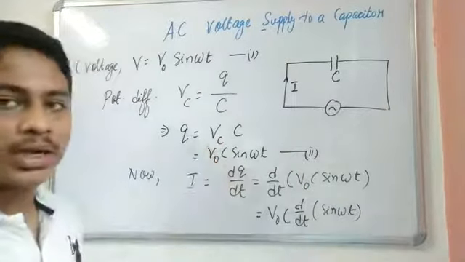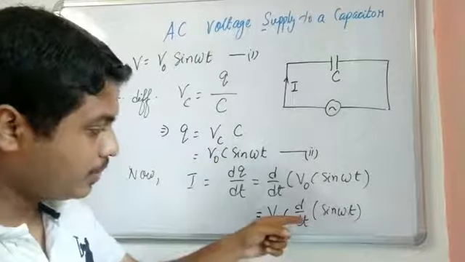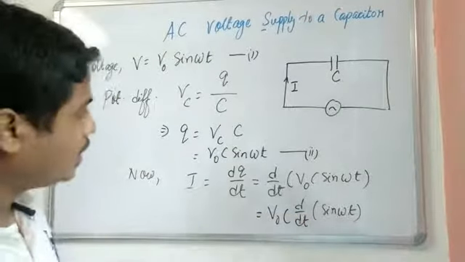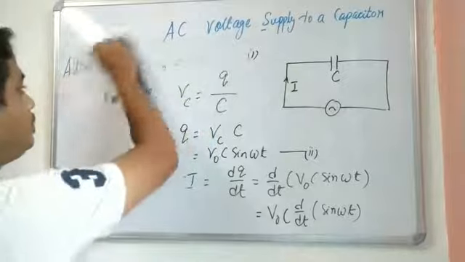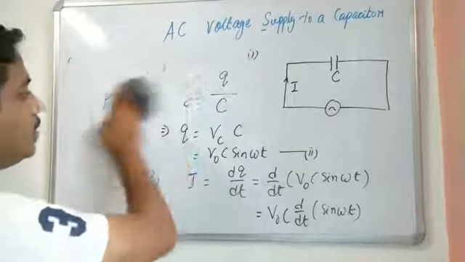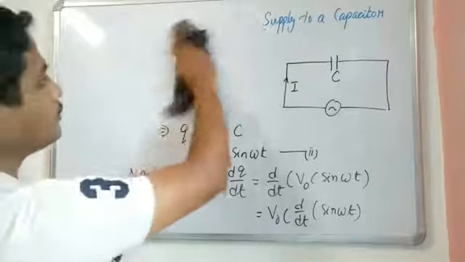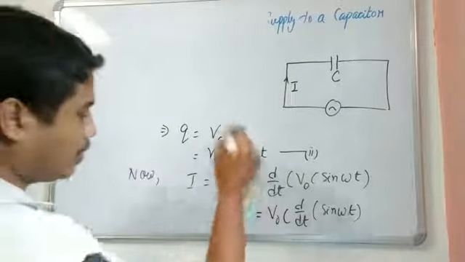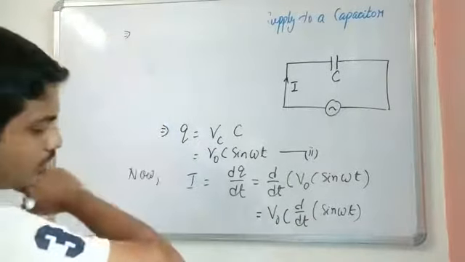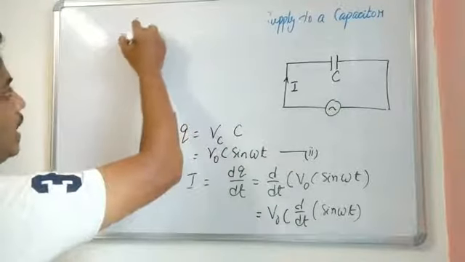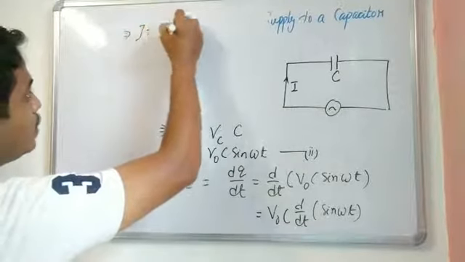I need to differentiate, sorry, not omega, the sine omega t. Now if I differentiate it, let us check what we will get. This implies I equals V naught C, which is already there.